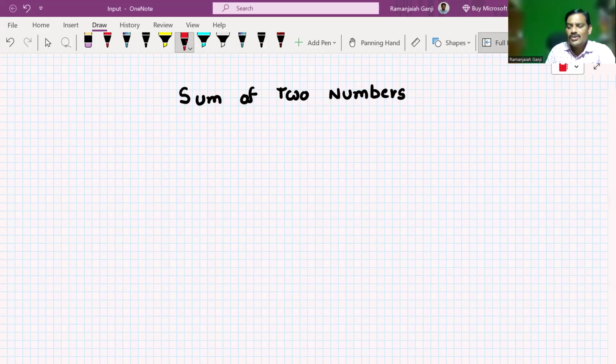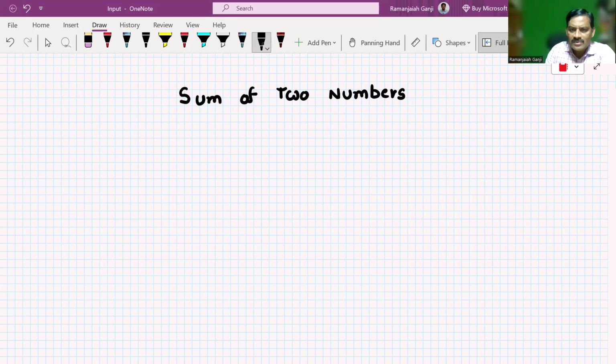Listen, I told you in the case of analysis: input, process, output. What is the input? A and B. What is the output? Sum. What is the process? Sum is equal to A plus B. What is the algorithm? Start, read A comma B, calculate sum is equal to A plus B, print sum value, then stop. And follow the guidelines clearly.